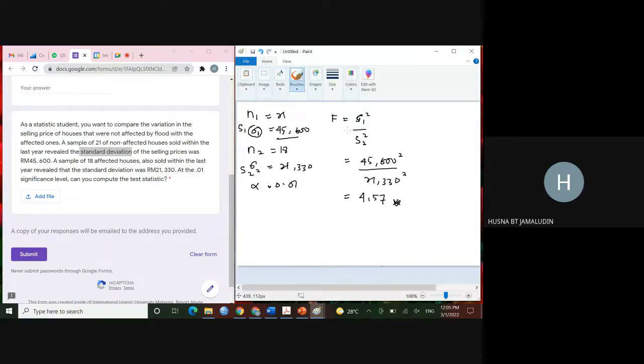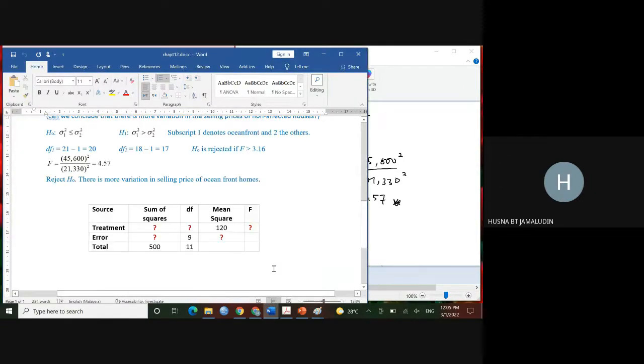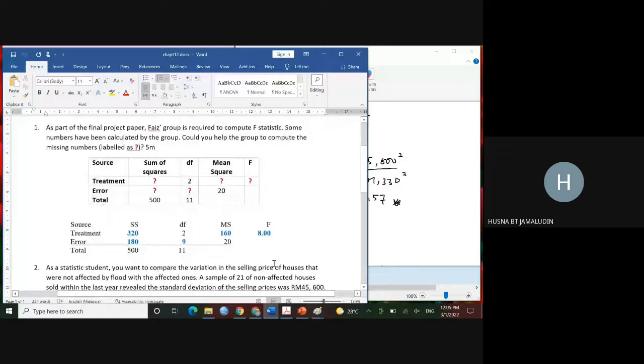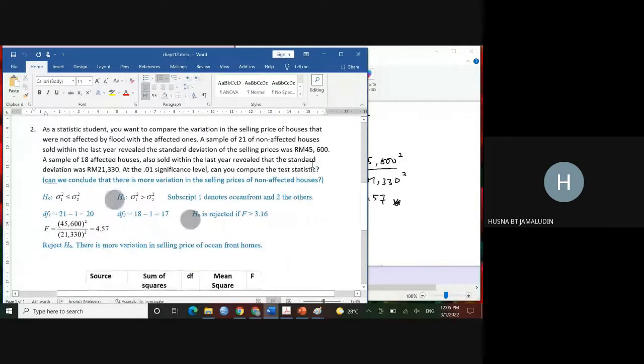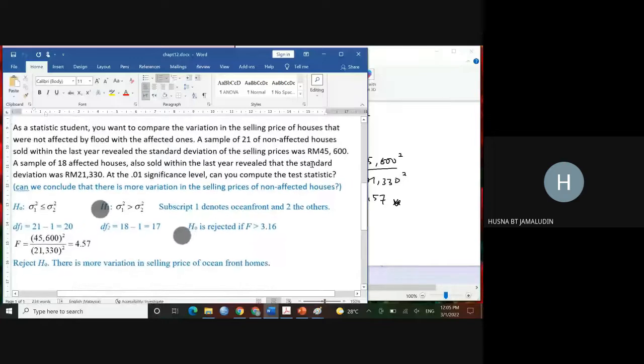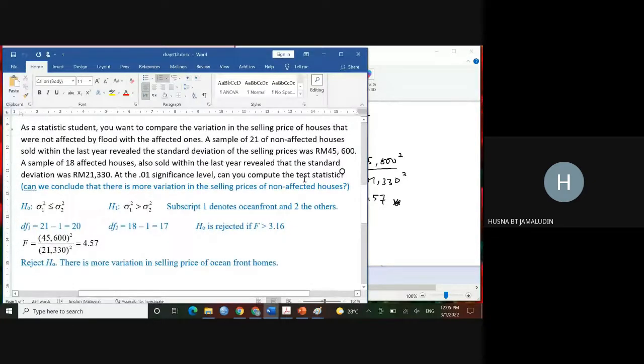So let me see. Because when they answer this question, they ask me so many things. Okay, I hope that you can see the whole thing. So this is the real question. Instead of just computing the test statistic, of course the question will not ask you something simple like this. They will ask you, at the 0.01 significance level, can we conclude that?